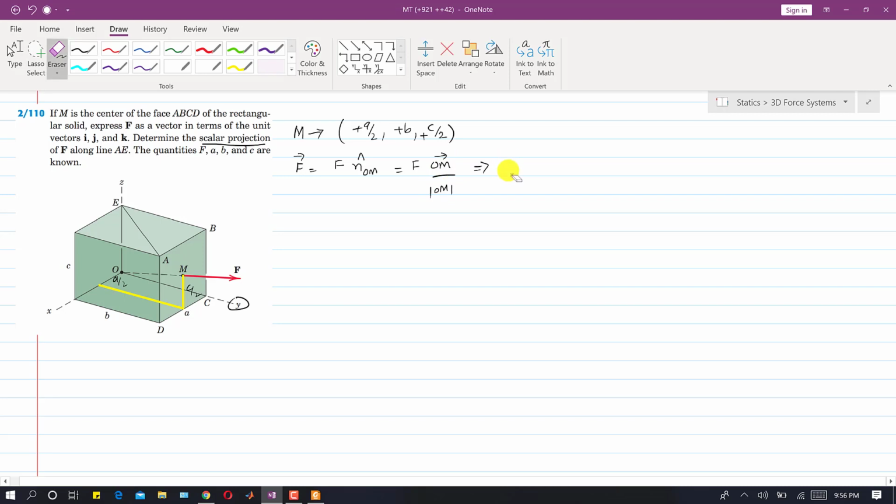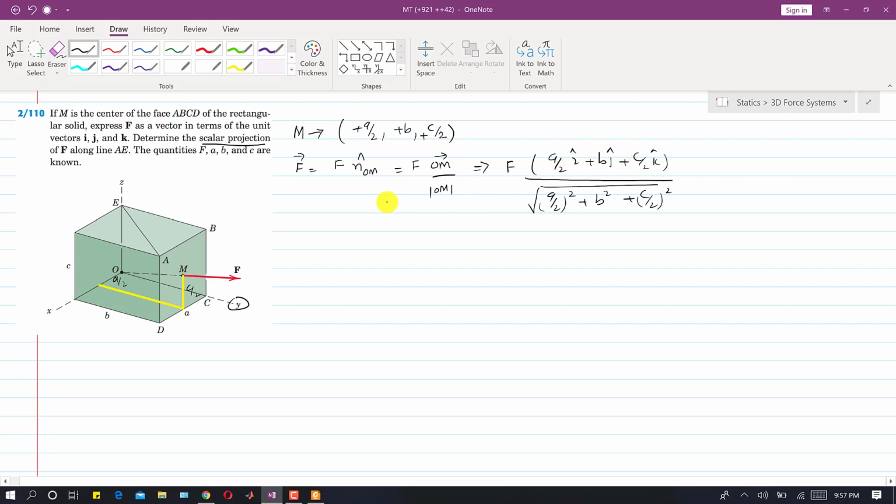So it will be equal to F, and OM will be A by 2 I plus B J plus C by 2 K, right? The magnitude of this will be the square root of A by 2 whole square plus B square plus C by 2 whole square, right?